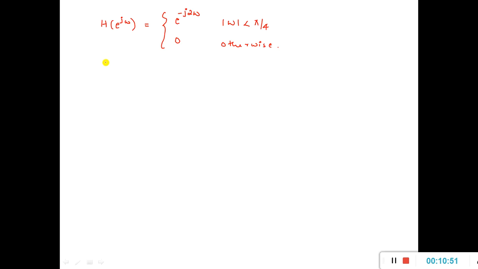Now, as I told you, from this I need to obtain the inverse Fourier transform. I need to apply the inverse Fourier transform to obtain its impulse response. So we know the definition.